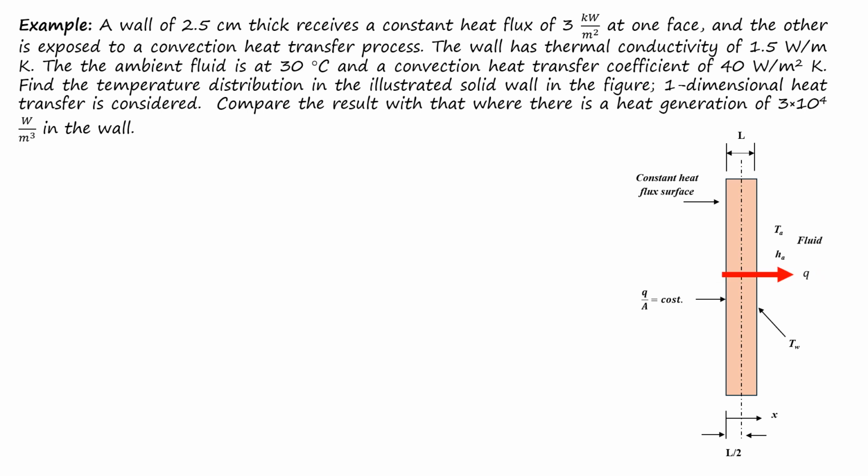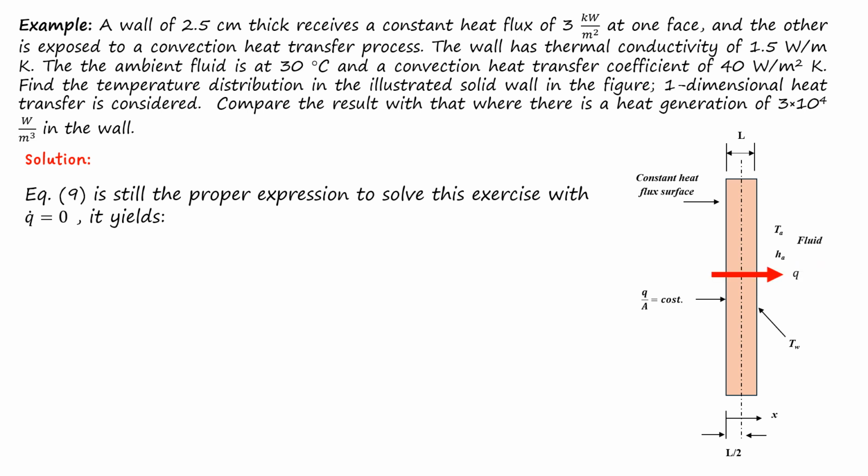It is required to compare the result with the case where there is no heat generation. So we need to compare the results between two cases, the first with heat generation and the other without heat generation. And that means we can still use the same form of equations for the case where there is no heat generation as well.